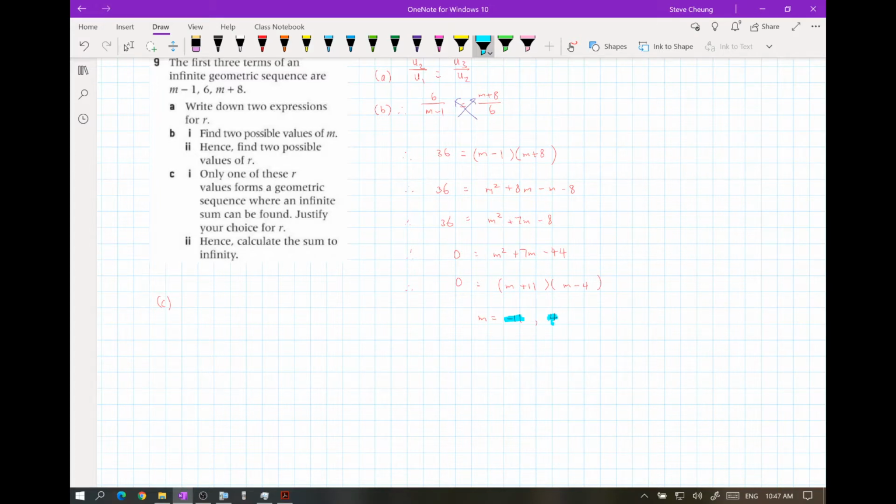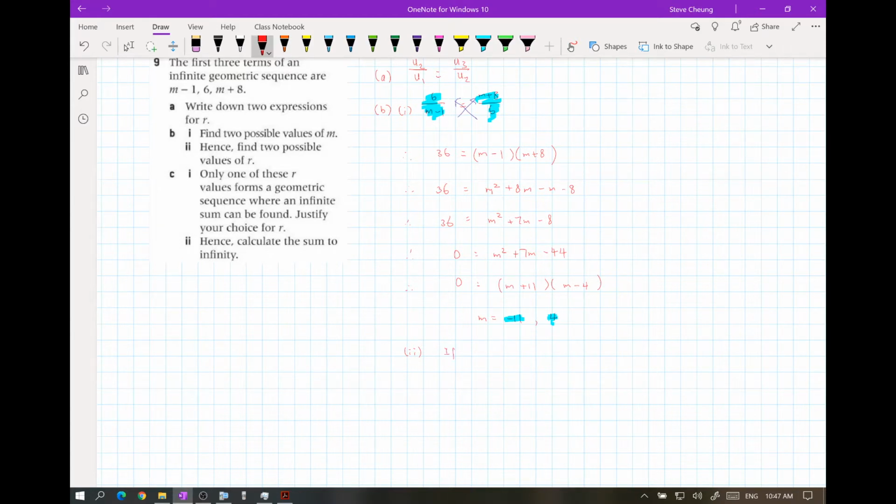This is only the first part. This is part I. The second part is actually to find out what R is. Remember, one of these here represents R. Doesn't matter which one I substitute it in. So I will just take the one on the left-hand side.